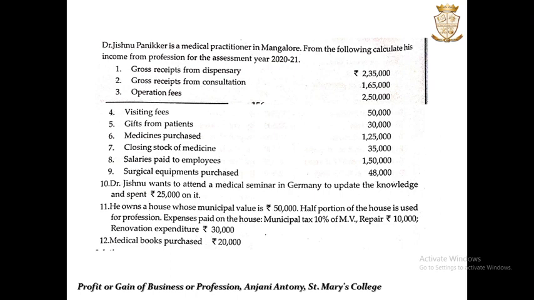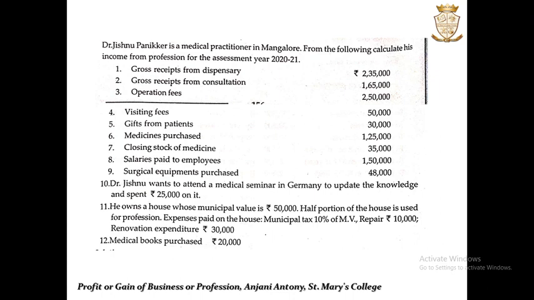But we need to consider only half portion here in income from profession. So 5,000 divided by 2 will be 2,500. We can deduct. And repair was 10,000 rupees, and renovation expenditure was 30,000 rupees. Medical books purchased 20,000 rupees. Here also it is something of a capital nature, so we cannot deduct the whole amount, but in case of books we can consider 40% for deduction.